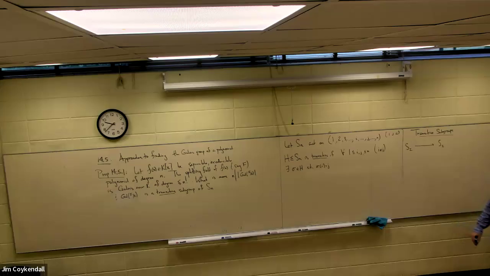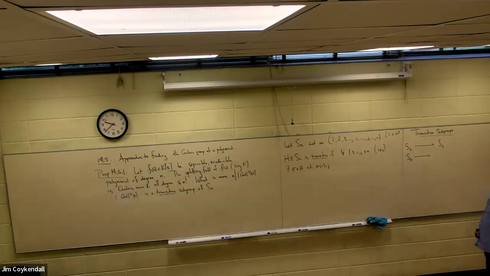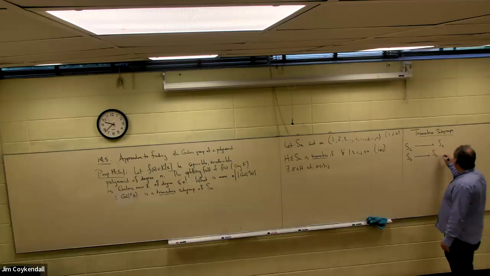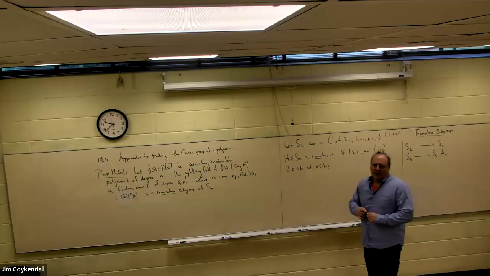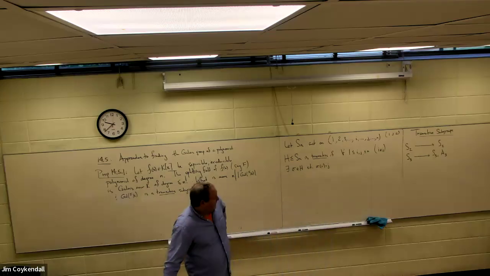This is one of the reasons solving quadratics is, from a certain perspective, easy. What are the transitive subgroups of S_3? Well, S_3 and A_3 are the transitive subgroups of S_3.